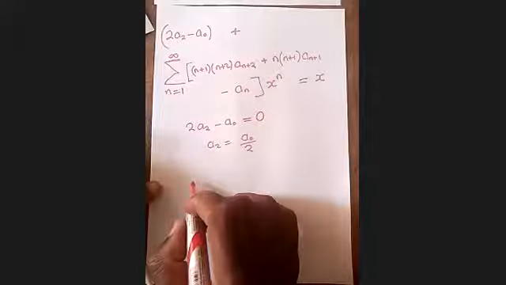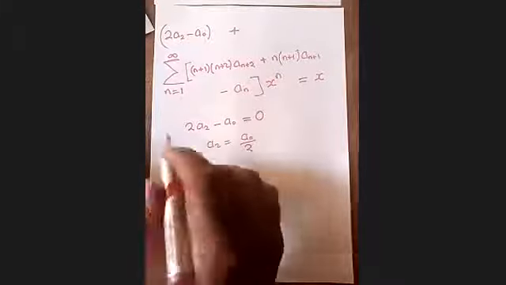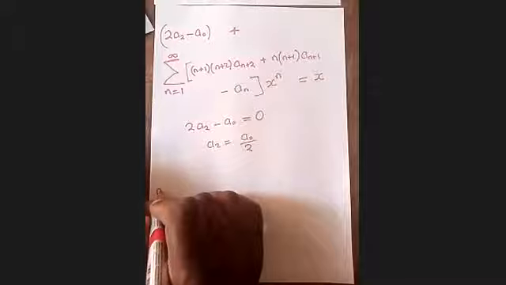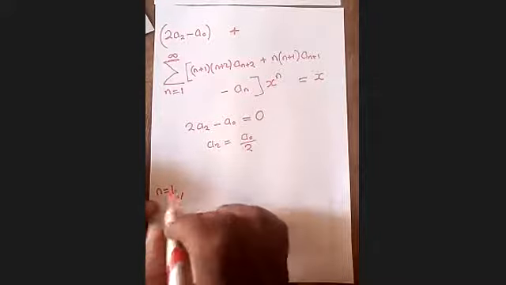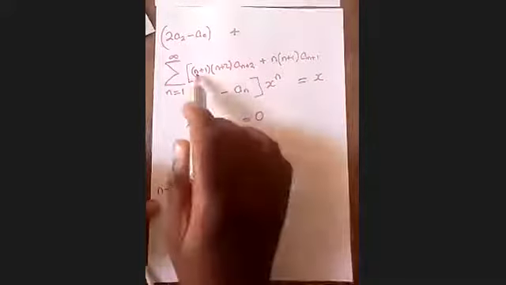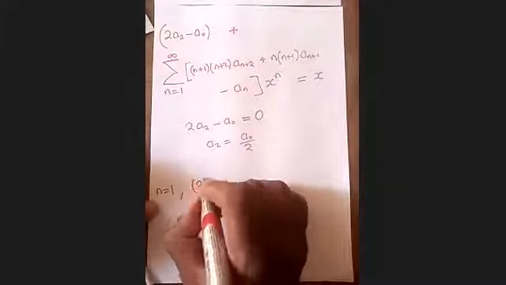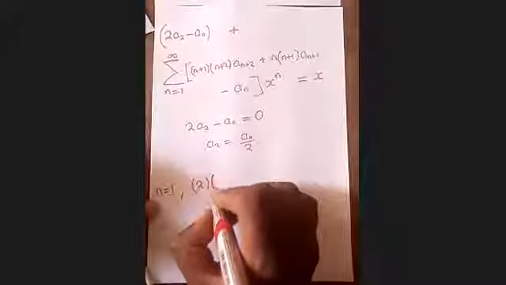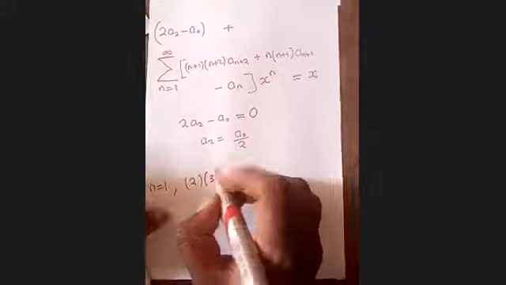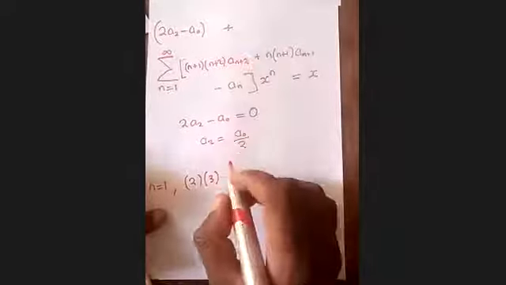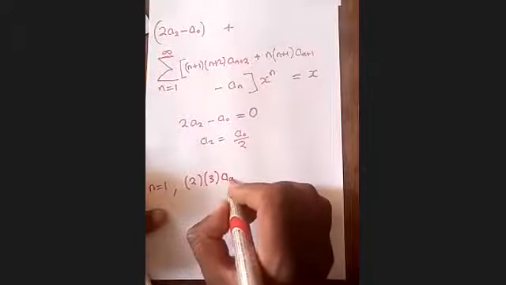So when n is equal to 1, what does this become? Here it becomes 2, so it's 2 in brackets. Here it's 3, so this is 3. Then here it's 3, so it's a_3.